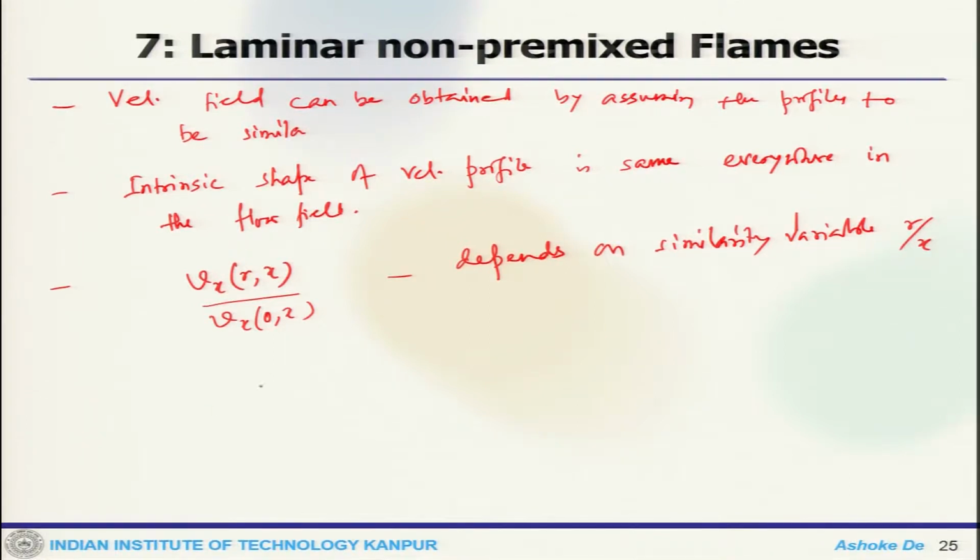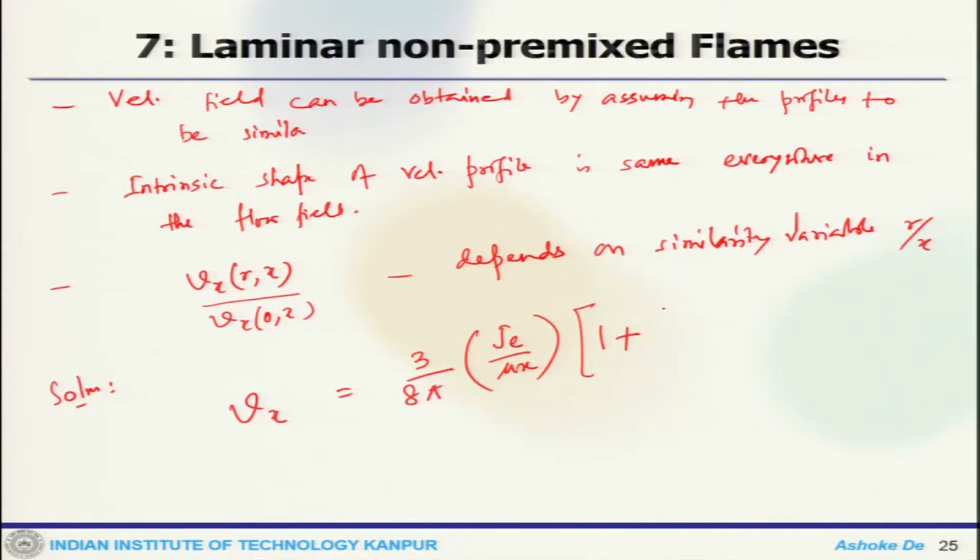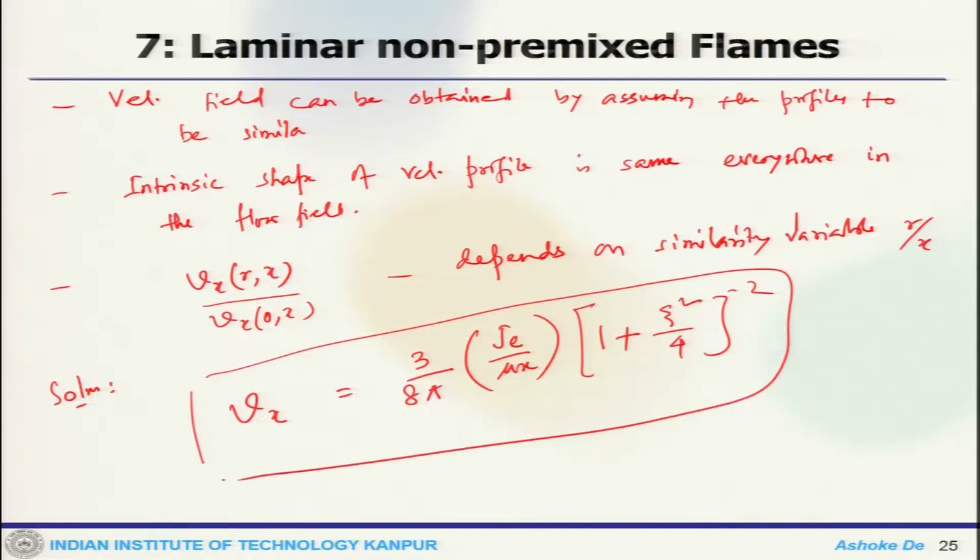Solution for the axial velocity is Vx is 3 by 8 pi mu x, 1 plus xi square by 4, whole square. So, this is for the axial velocity.